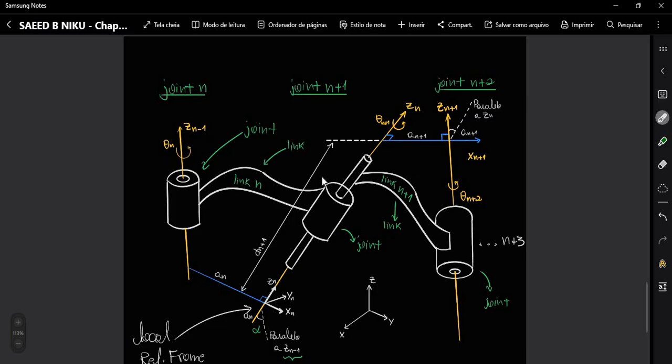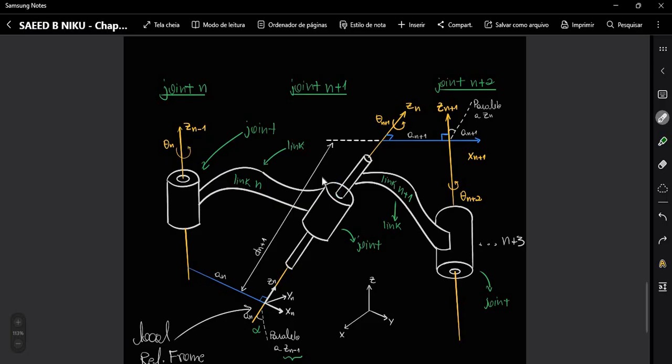Okay, and we have this axis, and right here is different. It doesn't follow this pattern. It is not a z index n followed by z index n plus 1 right here.